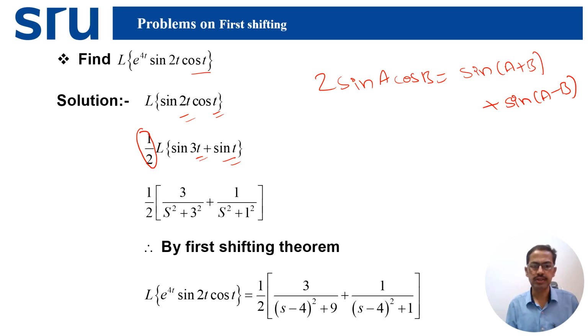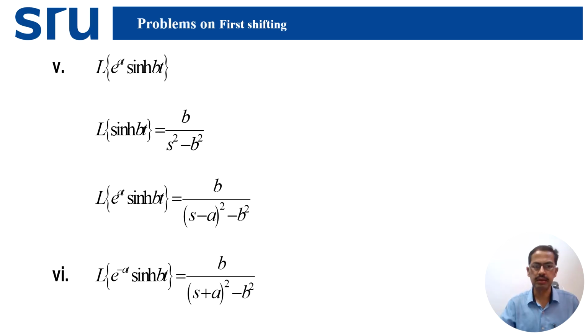Now by the first shifting theorem, the transform of e^(4t) sin 2t cos t is 1 by 2 into this, replacing s by s minus 4, because of e^(4t), in both sin 3t and sin t. This is the application of the first shifting theorem.